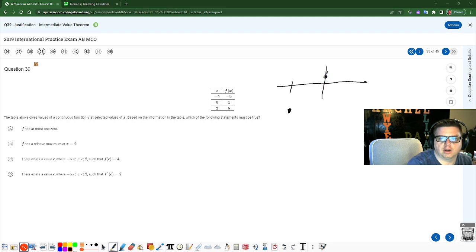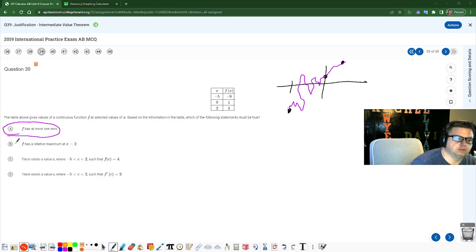At 0, we are at 1. And at 2, we are at 5. Our graph, think about it, can do anything it humanly possibly wants. So f has at most 1 zero. Well, I don't know if it's at most, but at least 1 zero.